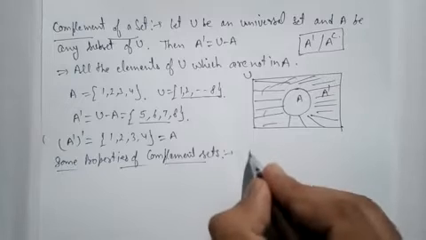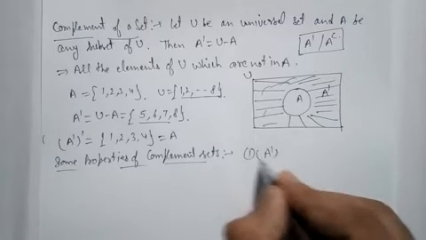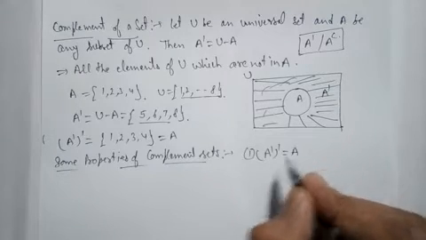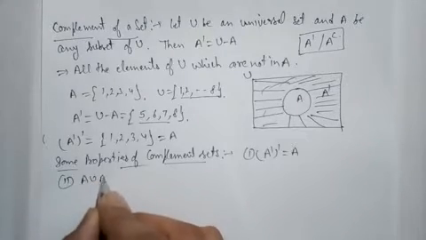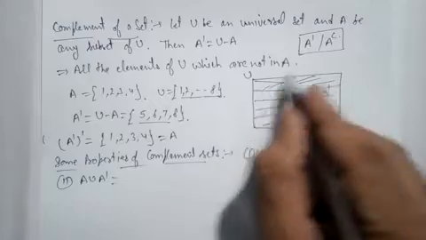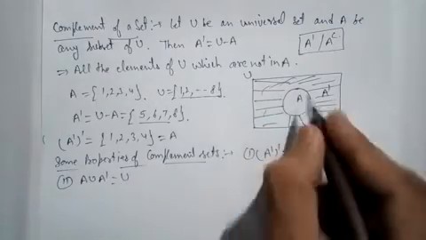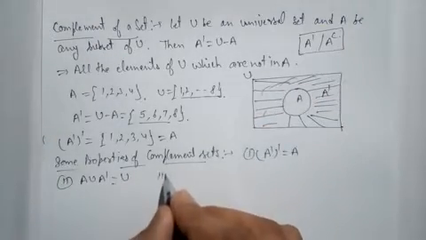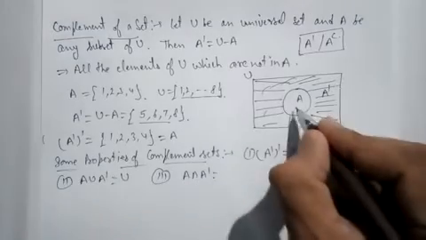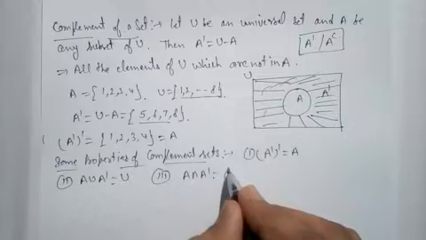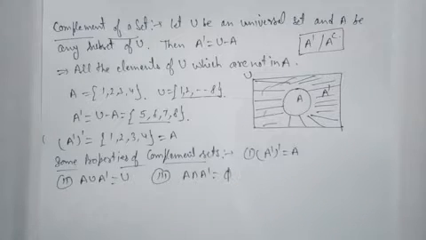First, A complement of complement equals A. Second, A union A complement is U, from this Venn diagram. Third, A intersection A complement. A is this, A complement is this. So A intersection A complement is empty.